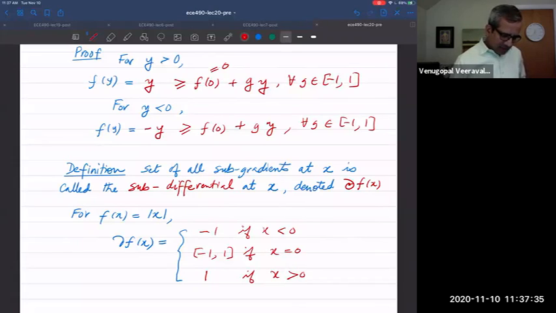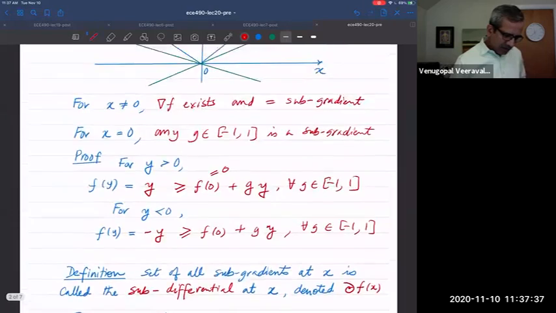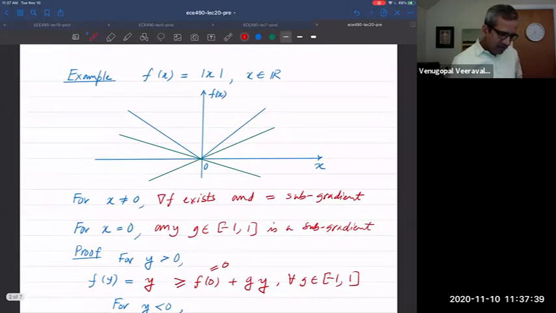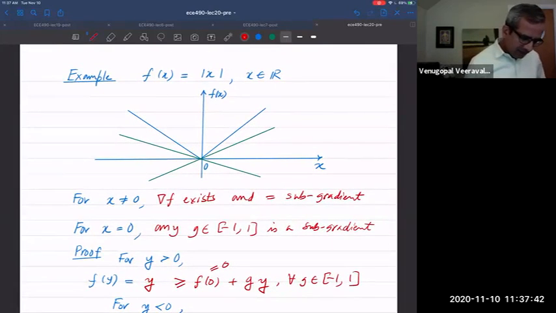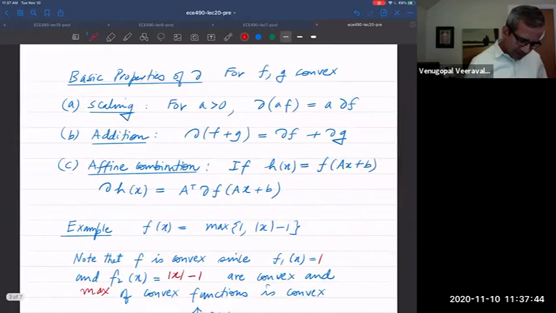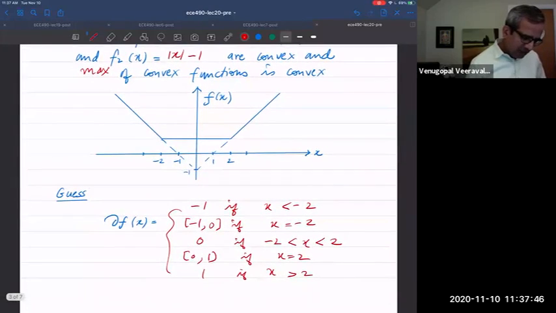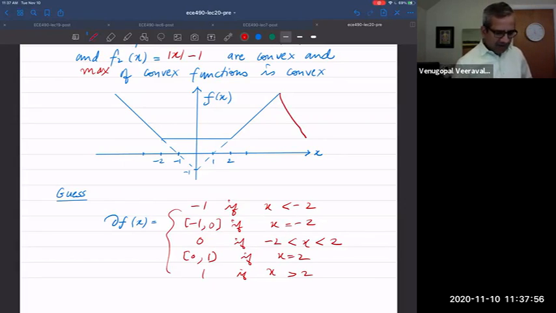Let's actually look at this example. Say if instead of this function, or maybe let's go to this example. If this function had gone down here, for example, it went up and went down. Now this is not a convex function anymore. And if you try to define a subdifferential at this point, then it depends.